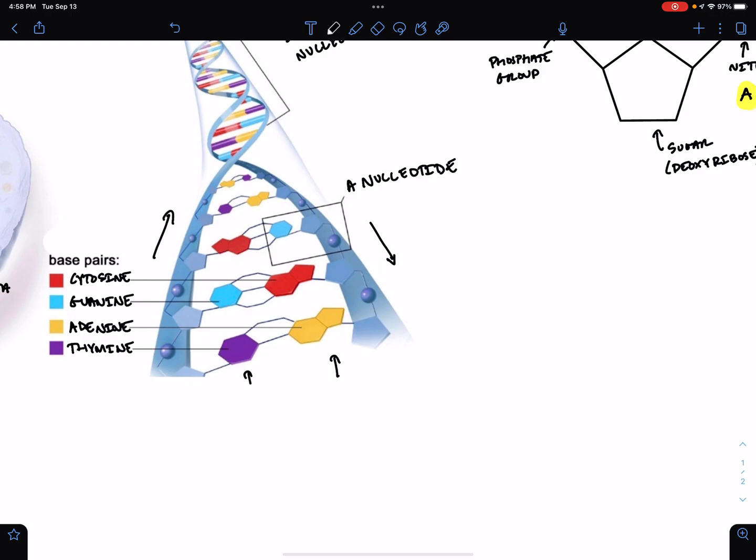What I mean by that is that if you look at the sugar group of this nucleotide, you'll see that the phosphate is on top here. But if you look at the sugar group of this nucleotide, the phosphate is up here. So this is what we call anti-parallel.